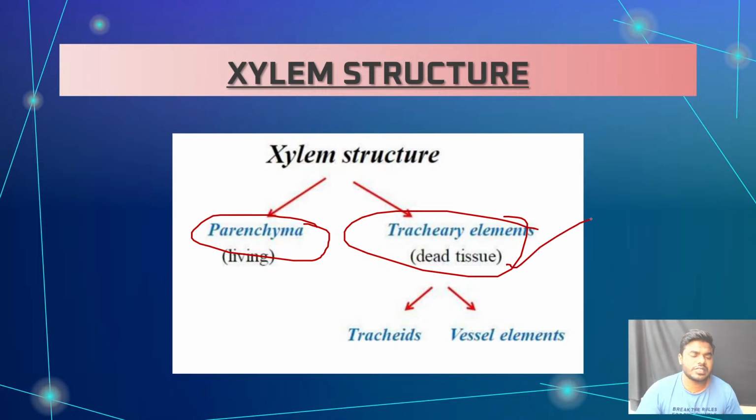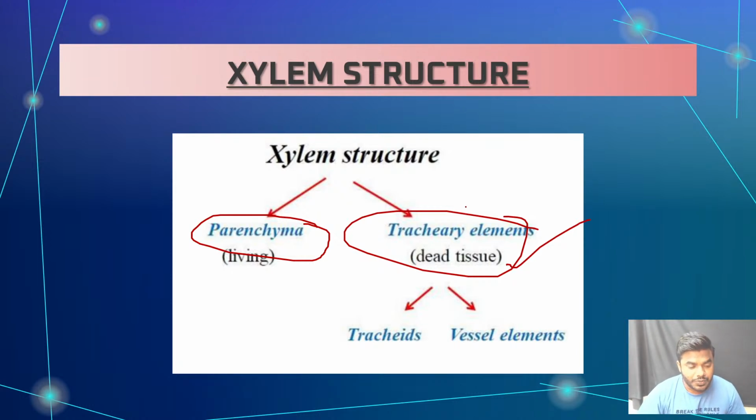And I told you, friends, you should not think that since parenchyma is the living tissue, the water movement majorly occurs through the parenchyma, which is an absolutely wrong statement. The water movement always occurs via tracheary elements, because friends, they are dead cells. Dead cells do not contain anything inside. A hollow lumen, a great space, is present. So through that space, all the water molecules can easily flow.